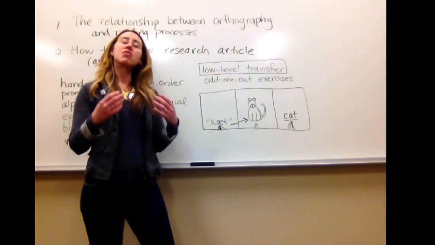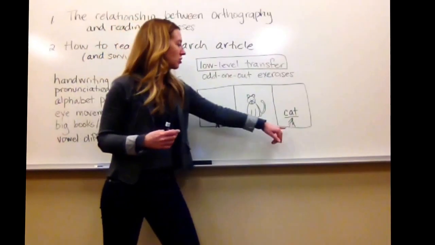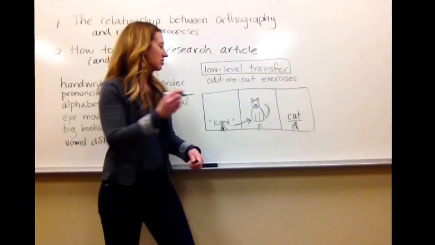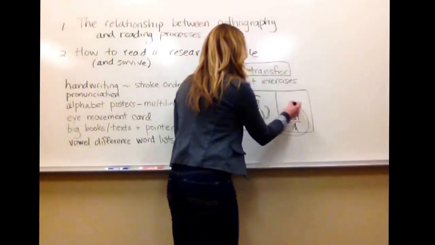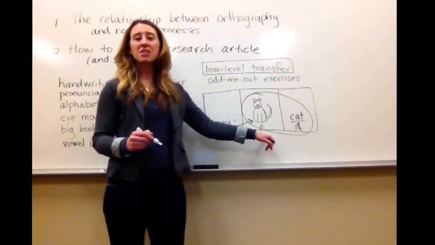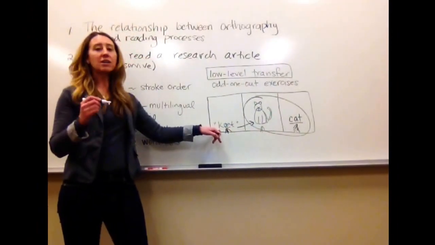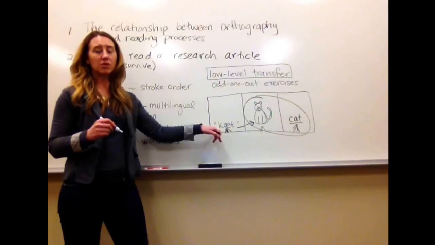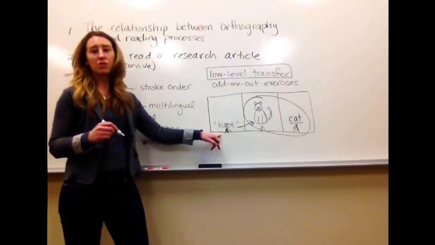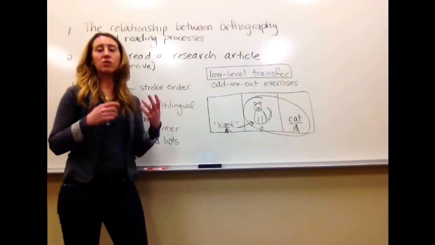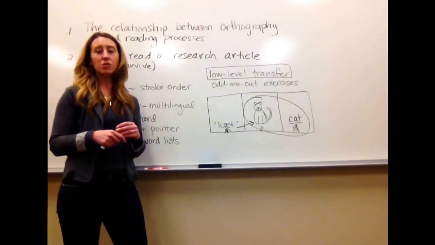So that student, when they see the grapheme, the strongest connection they would probably make is the thing itself. They're not going to have the same relationship in their reading process to the phoneme that the alphabetic reader or the syllabic reader is going to have.